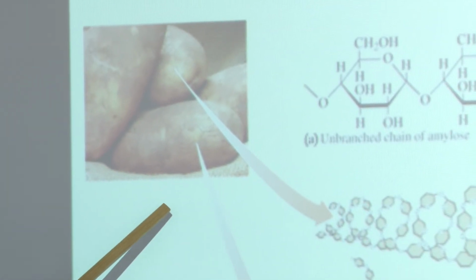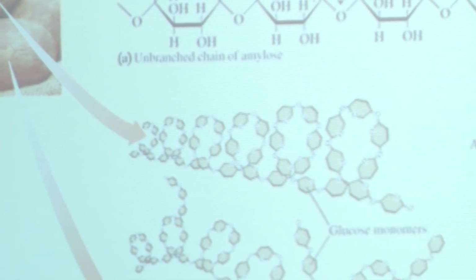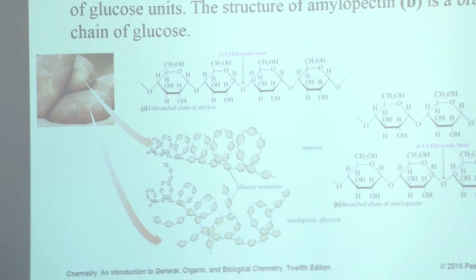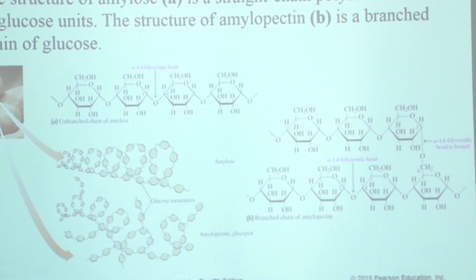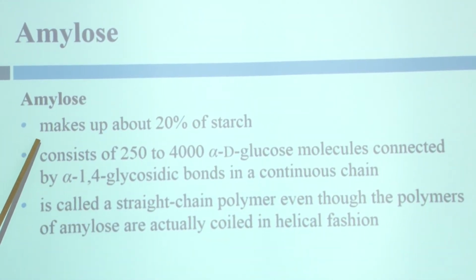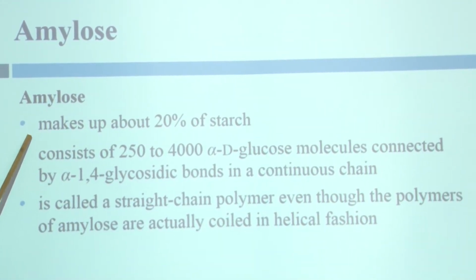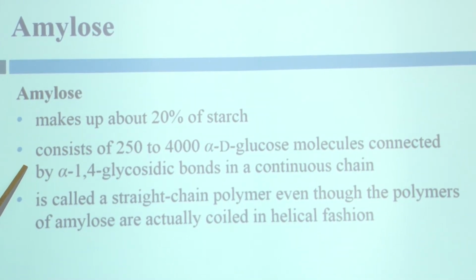So they both are polysaccharides. Amylopectin is a branched glucose chain, amylose is a straight chain polysaccharide, and both are starch. Amylose is 20% of starch, with 250 to 4,000 alpha-D glucose molecules.